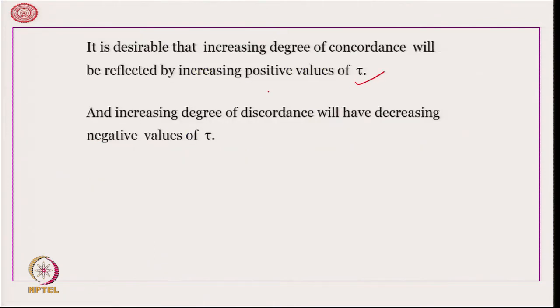It is desirable that increasing degree of concordance will be reflected by increasing positive values of tau. That means, the more the degree of concordance, the value of tau will go from 0 to 1. And similarly, increasing degree of discordance will be shown by negative values as it goes from 0 to -1.